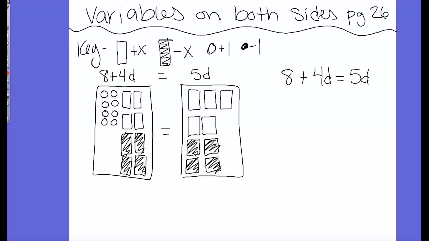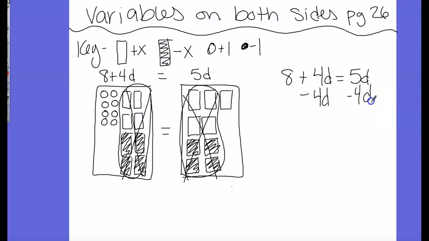So then what would we do? Get out your 0 pairs. So I'm going to circle my 0 pairs and then put a line through them so I know they're gone. You have to do that on both sides. Okay, so over here on our algebra style, we just added 4 negative d's, right? On both sides.